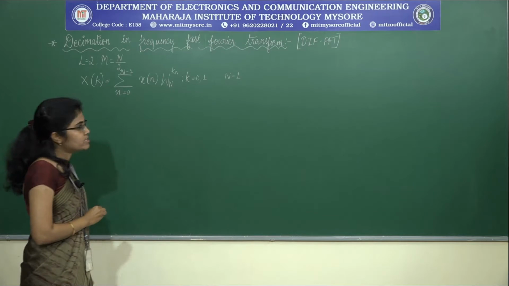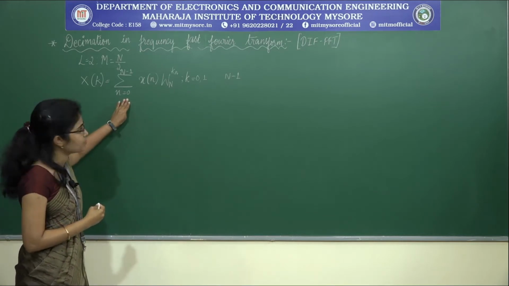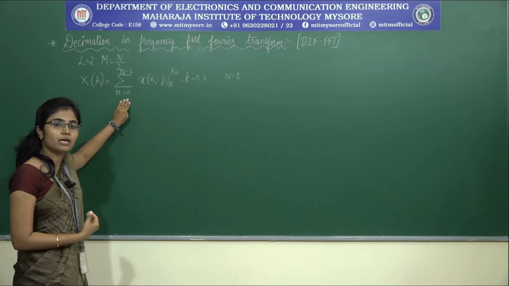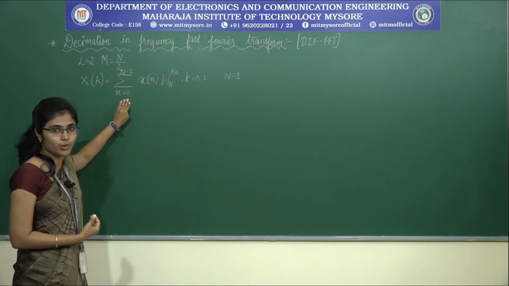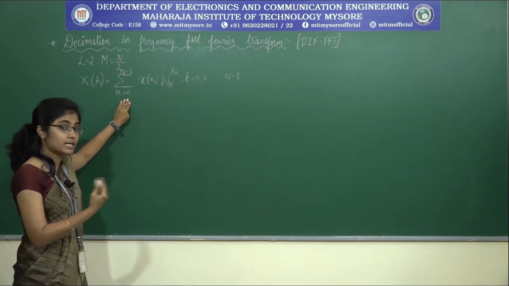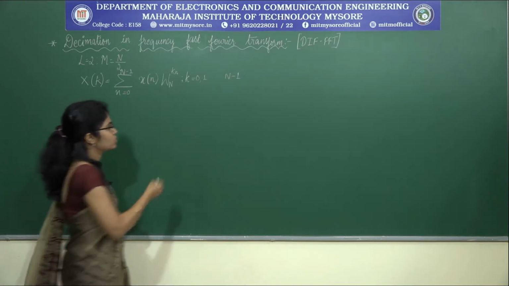We are dividing this summation into two summations such that the first summation contains N by 2 data samples, and the second contains the last N by 2 data samples. So how can we do that?